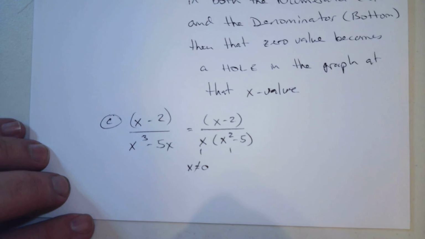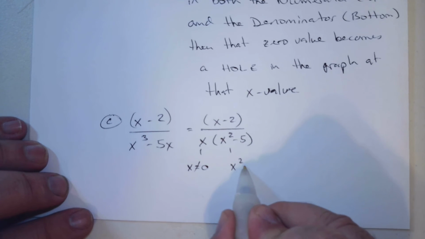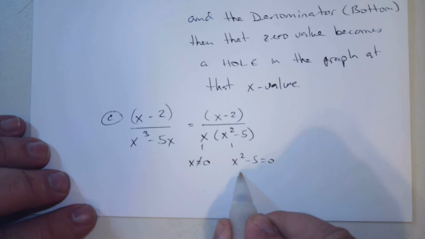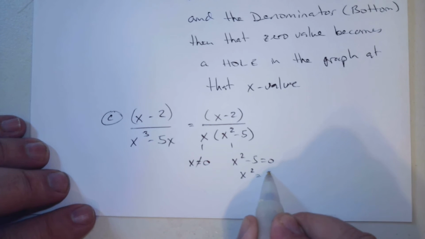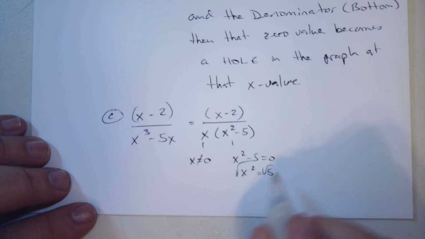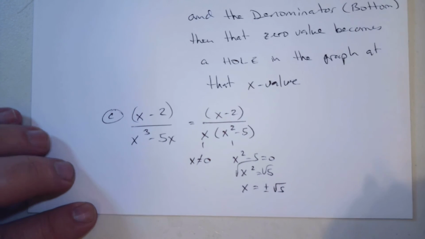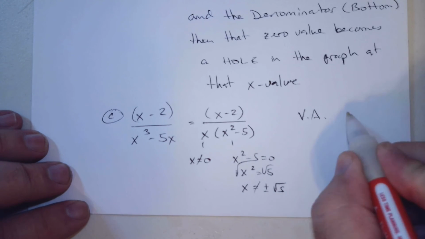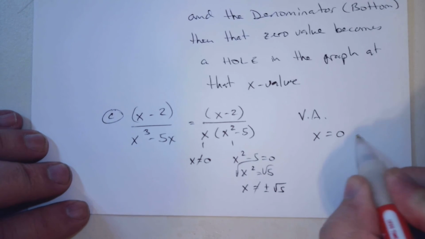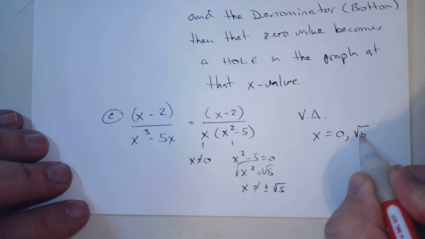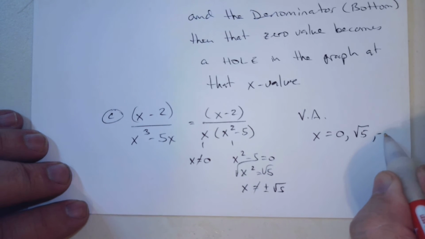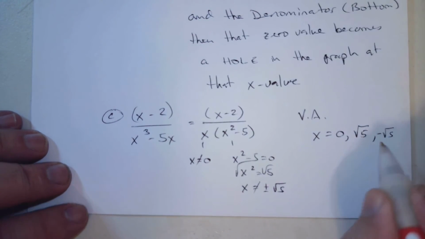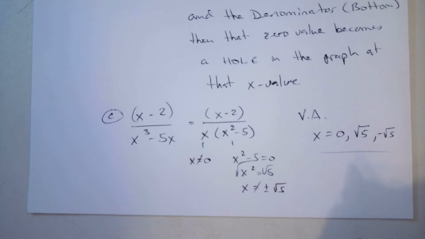That's an asymptote. X squared minus 5 equals 0. So x squared equals 5. Square root both sides. X equals plus or minus radical 5. So my vertical asymptotes here are x equals 0, positive radical 5, and negative radical 5.